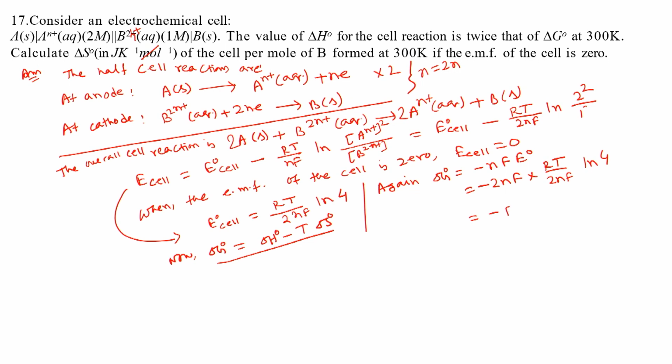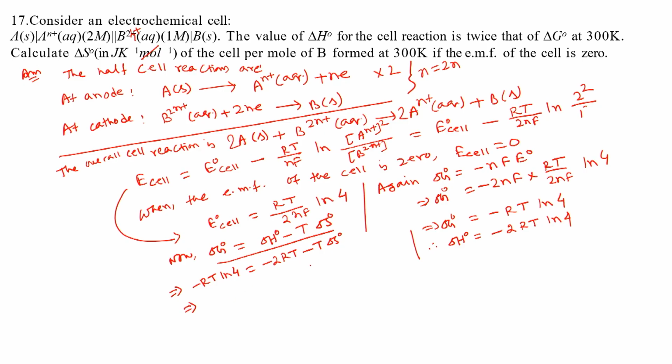So we get minus RT ln 4. So this is the value of delta G naught. Now it said that delta H naught will be twice that of delta G naught. Therefore delta H naught is minus twice RT ln 4. So we got delta G naught, we got delta H naught, we put these values here.